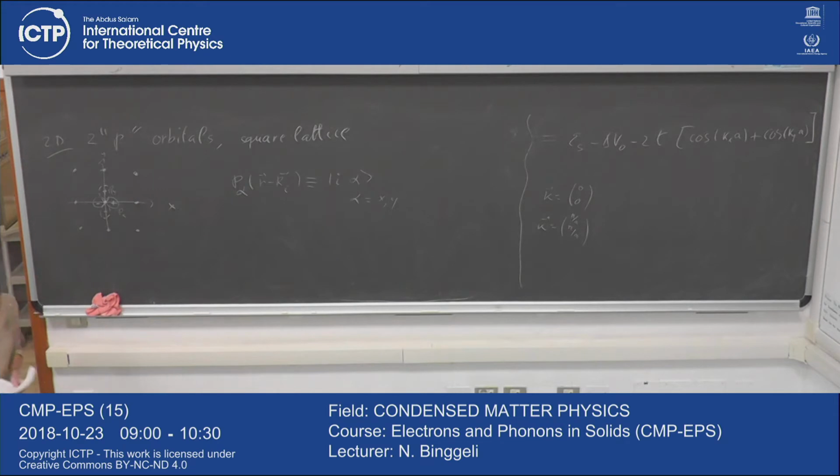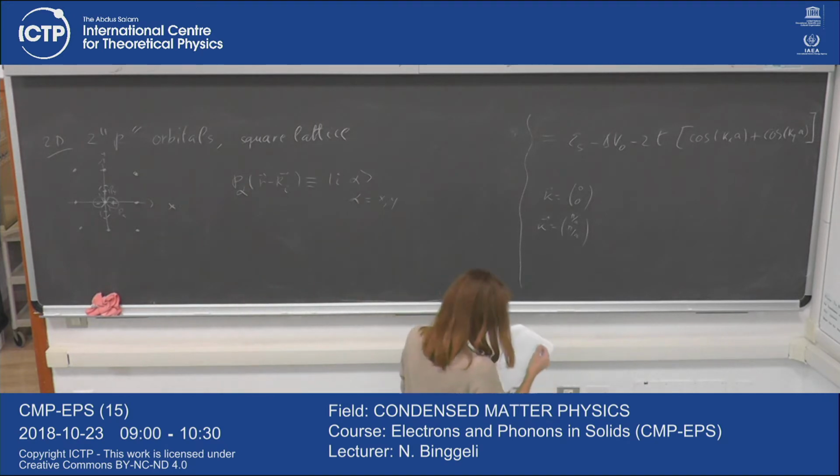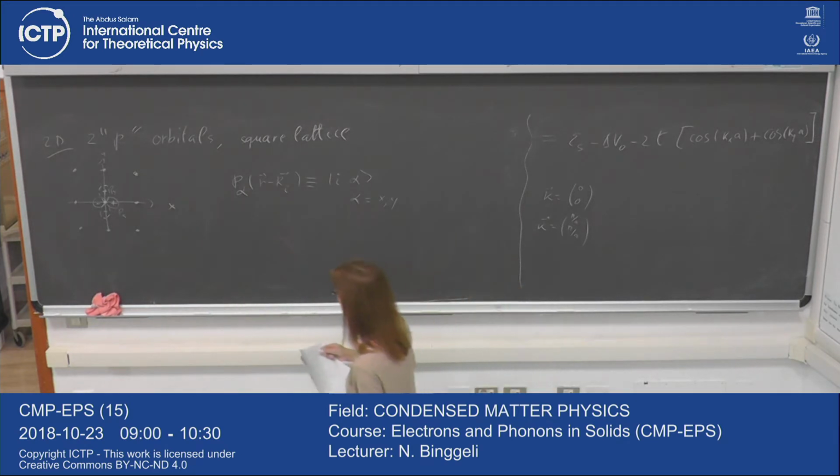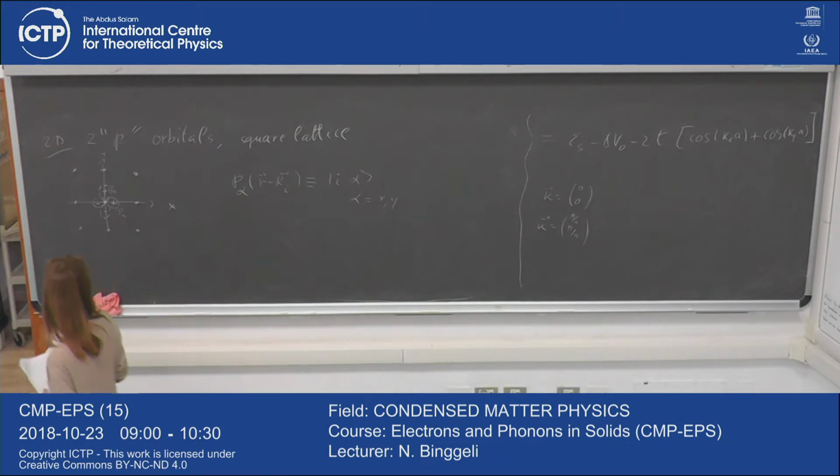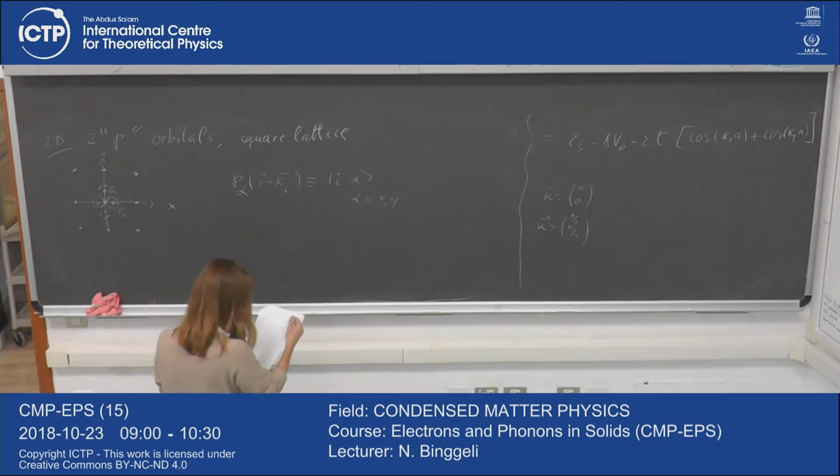So this is my notation. The p alpha centered on the site I, I will just call it I alpha. Now my tight binding matrix will be a 2 by 2 matrix that will involve the px and the py orbitals.